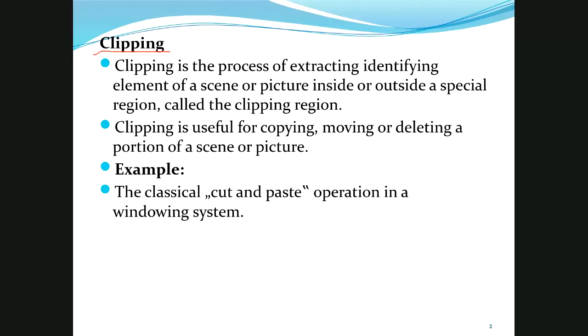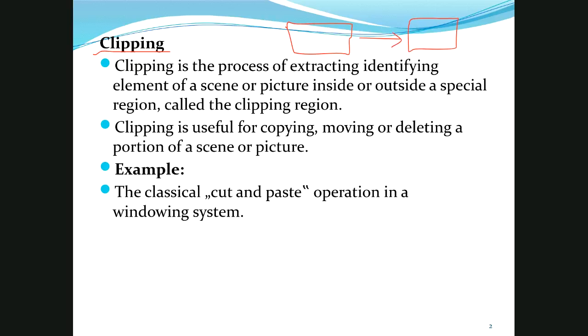So if you have a lot of information, suppose you want to get only 2 lines or 3 lines, you want to extract, at that time you can use this procedure. Whichever region you want to give as a special output, you can cut it like this and paste it into another slide or another place.